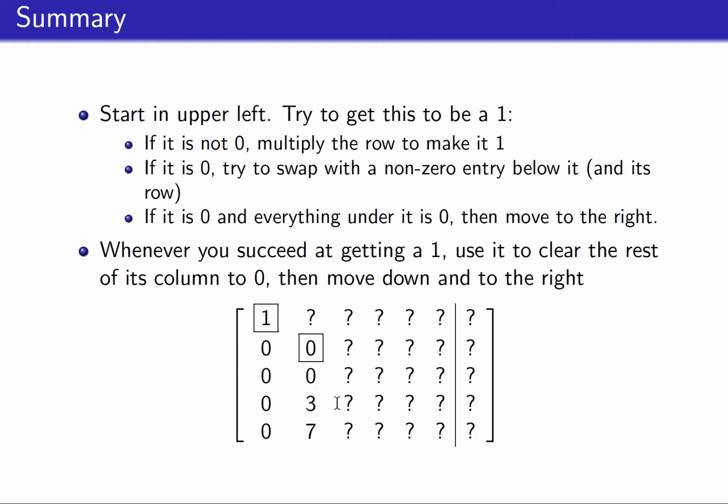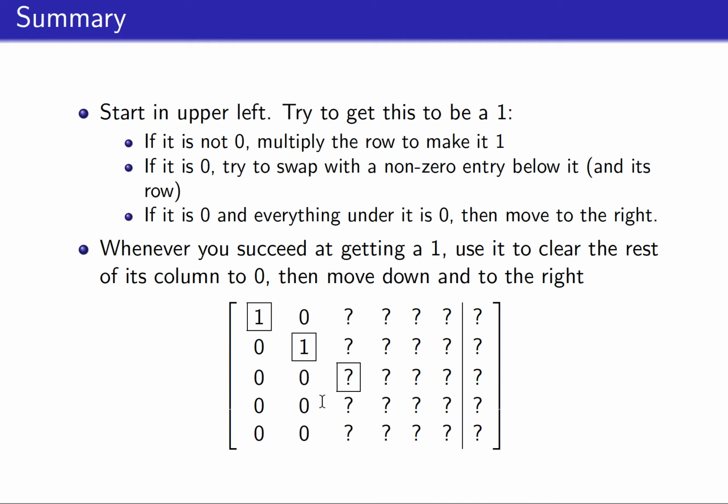Aha, this 3 here. I'm going to swap it with this row here. So there we go. This is a 3. This is now a 0. All these other question marks swapped as well. You didn't see it because I put question marks there. And now I'm going to turn this into a 1 using our age-old operations of type 2, multiplying this by 1/3. So again, I put it back here. And then I use that to make everything else zeros as before. Go down to the right.